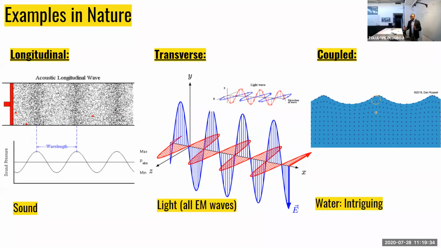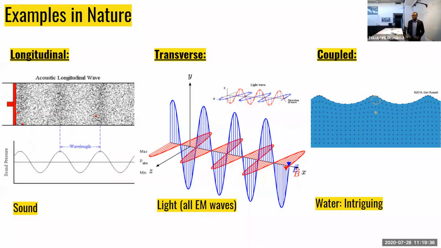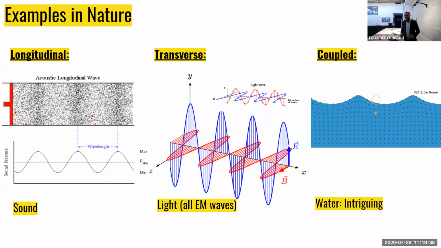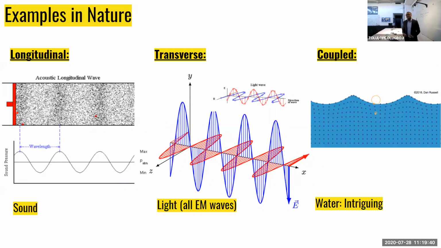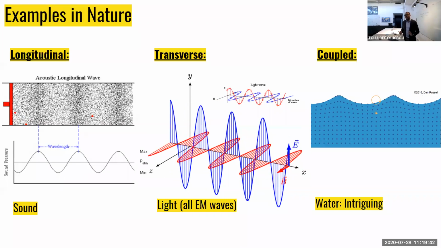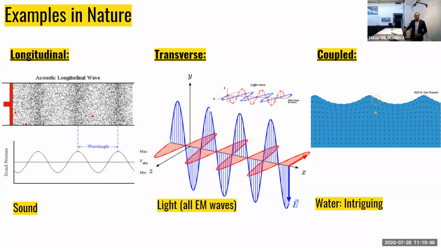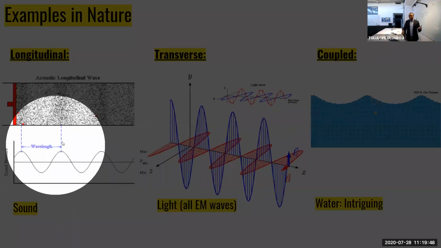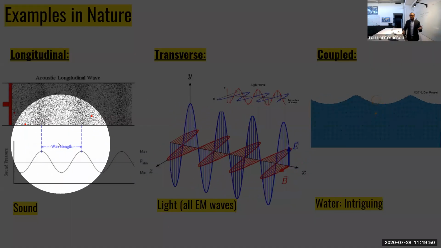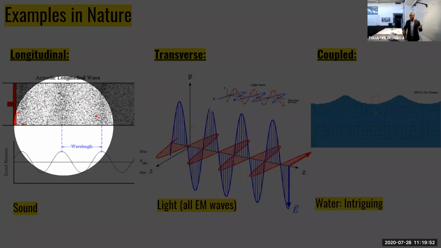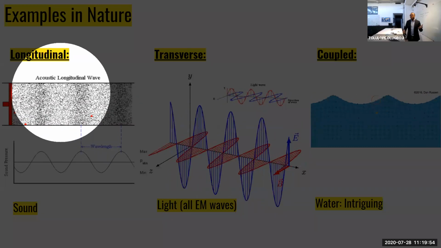You already know these examples because if you can interact with the world through your senses, then you've experienced these different kinds. So, for example, sound. You can all hear me through the speaker, and this is an example of a longitudinal wave.